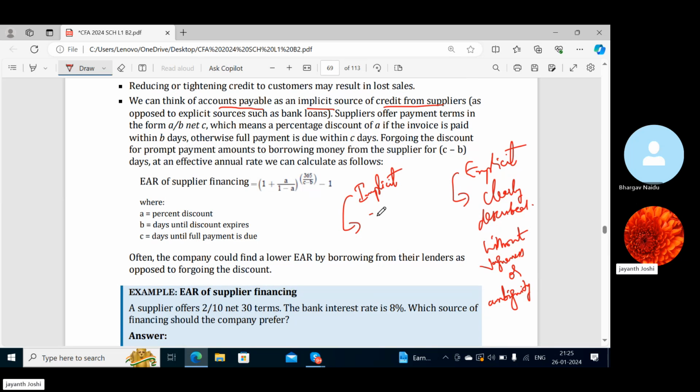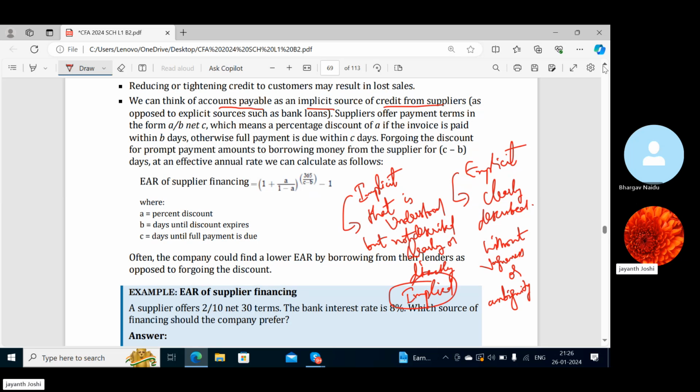And implicit is something that is understood but not described clearly or directly. Why am I explaining this? Because here you'll come across these two words, implied or assumed.